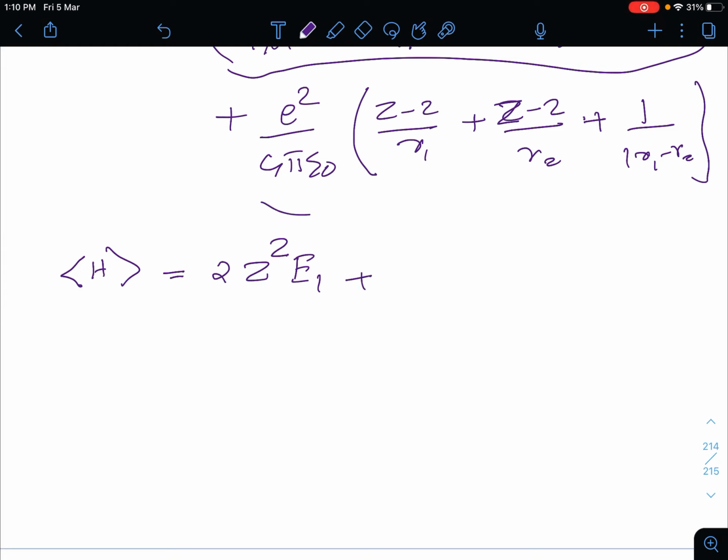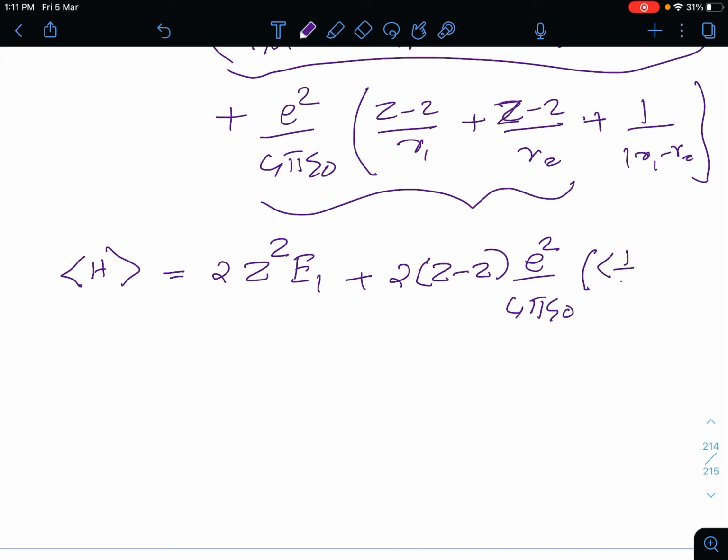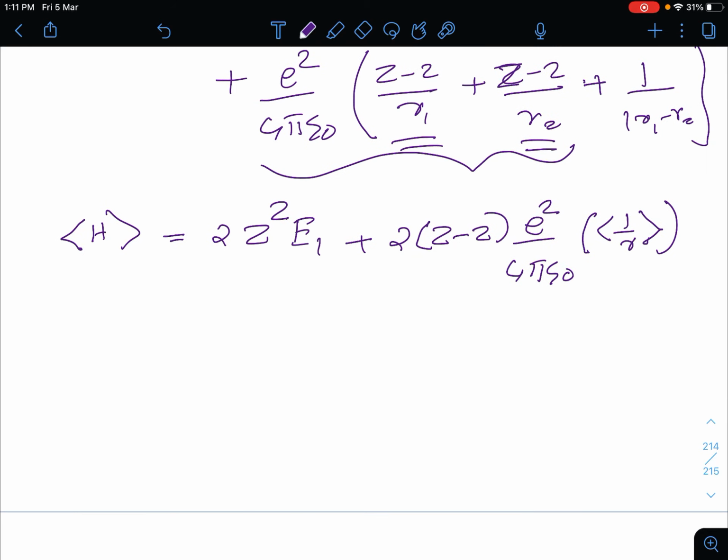Then taking the expectation value of this is simply z minus 2, so that becomes 2z minus 2, e square by 4 pi epsilon 0 into the expectation value of 1 by r. Adding this, I write the expectation values of 1 by r1 and 1 by r2 together, that is, the expectation value of 1 by r plus the expectation value of V ee.